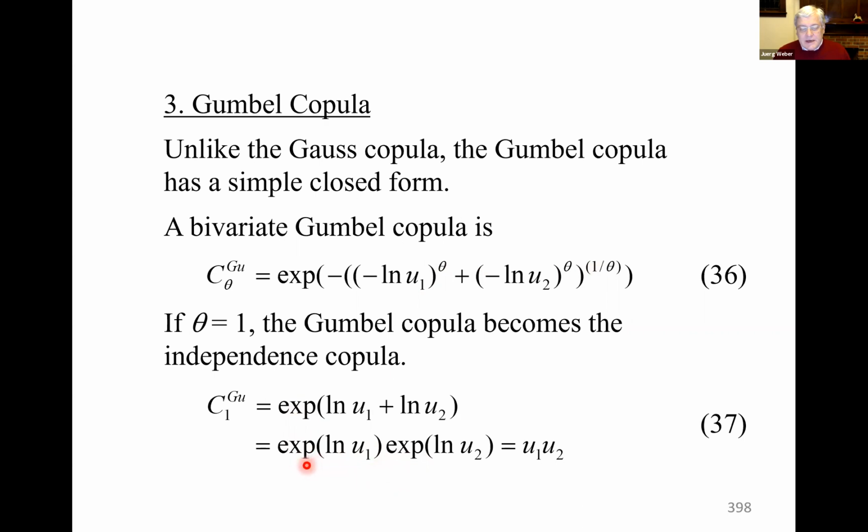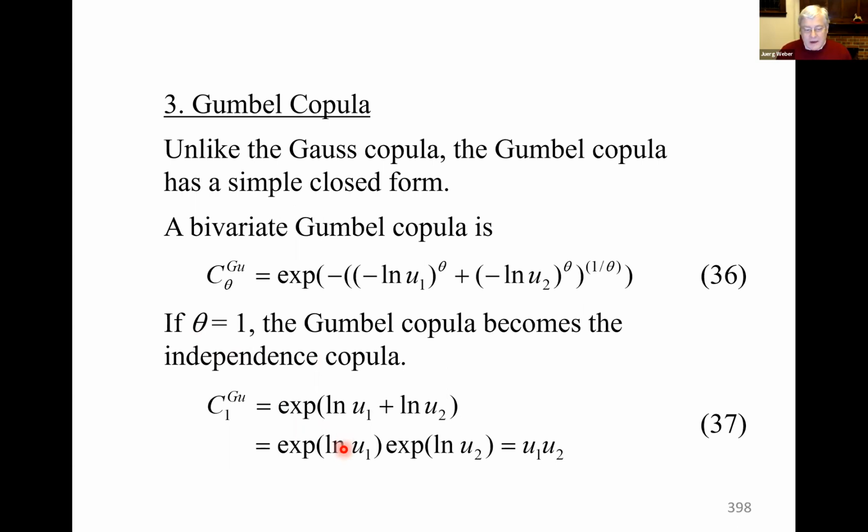The EXP stands for the Euler number, the exponential number, and EXP to the ln u power is just u. So the E and the ln are just offsetting each other. So the Gumbel copula with parameter 1 is the independence copula.